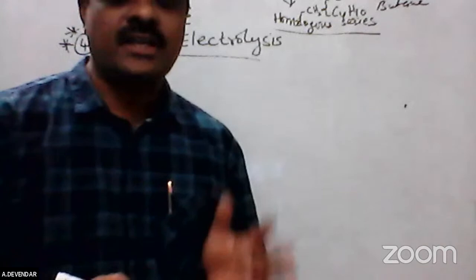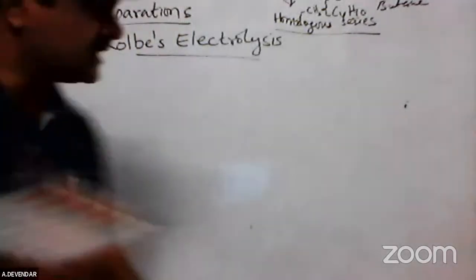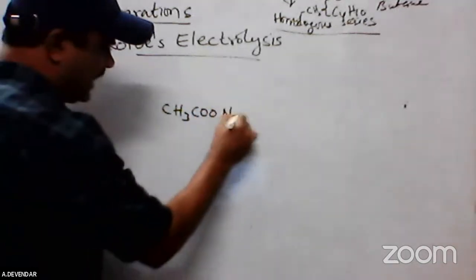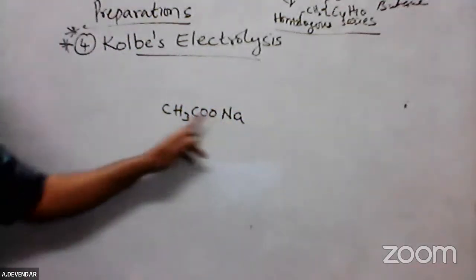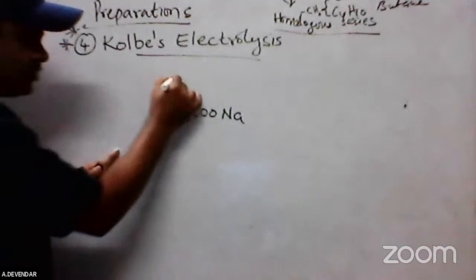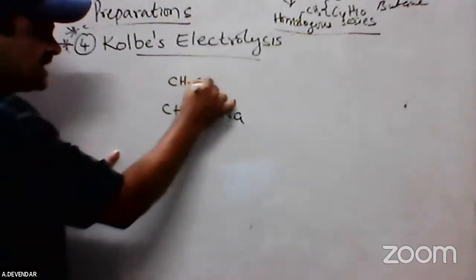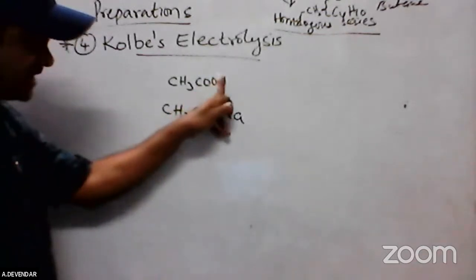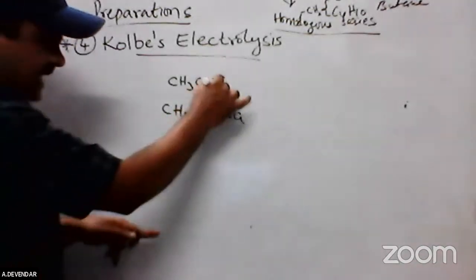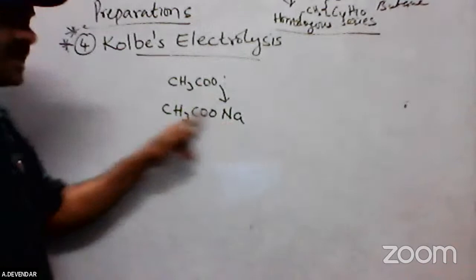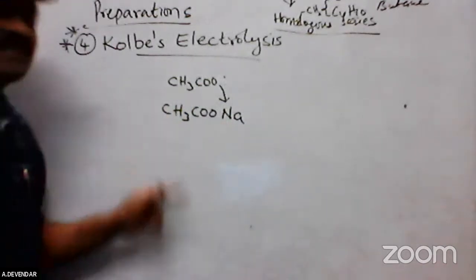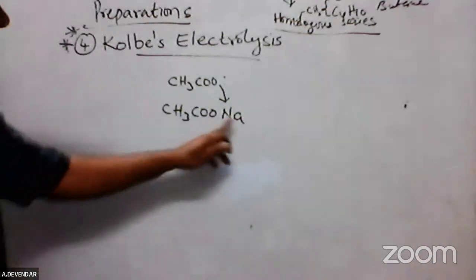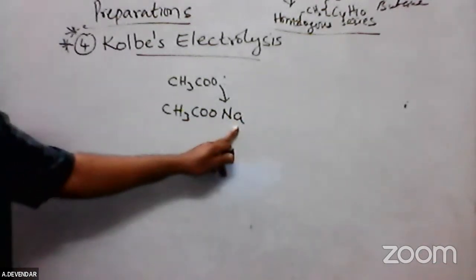For example, CH3COONa is called sodium acetate. CH3COOH is acetic acid, so instead of H, I remove the H and occupy that place with sodium. So it is called sodium acetate. This is a monocarboxylic acid salt.